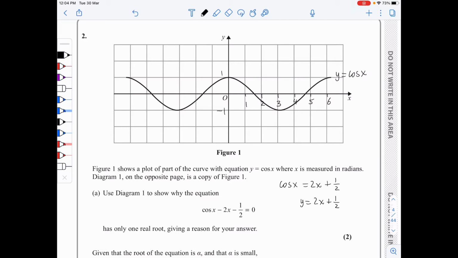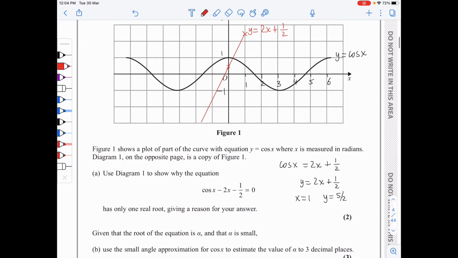So we could, for example, consider x is 1. When x is 1, y turns out to be 5/2. So we know that the line passes through 1 and 5/2. It's also passing through 0.5. That's the y-intercept. So if I just draw the line here, y equals 2x plus a half, we can see that we have one point of intersection and therefore one real root.